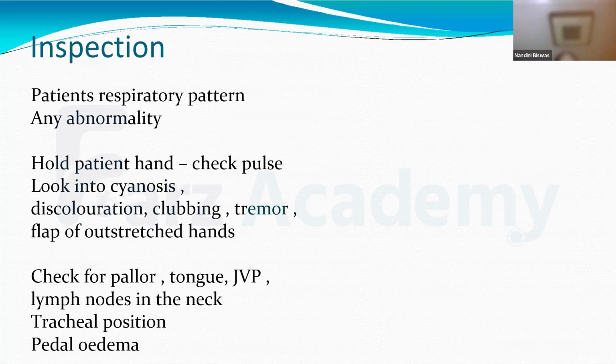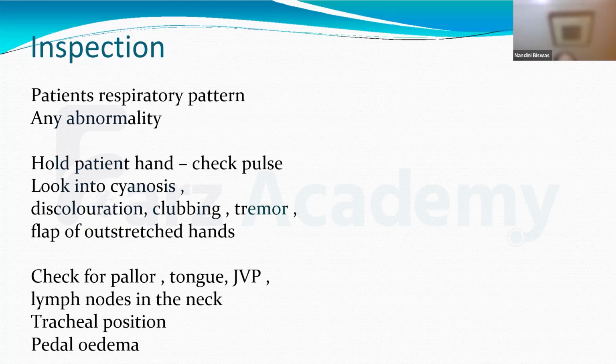As I said, examine for clubbing. Raise the fingers up to the level of your eyes. Look for the angulation of the nail and nail bed. Ask the patient to put the two fingers together and look for the loss of angle. Are they far apart, or are they touching each other? Look for tremor.